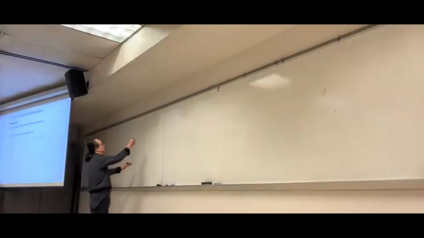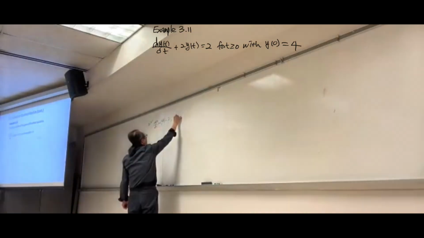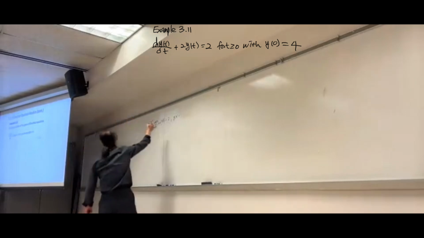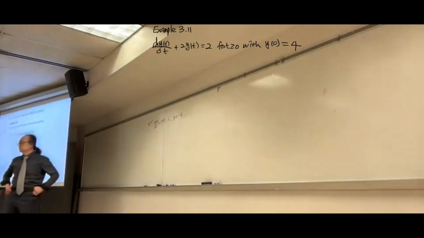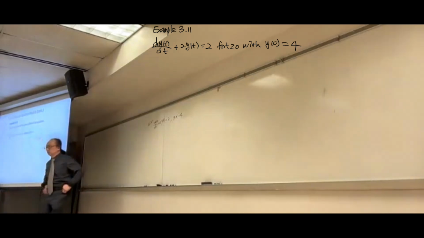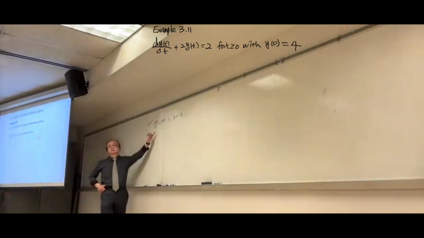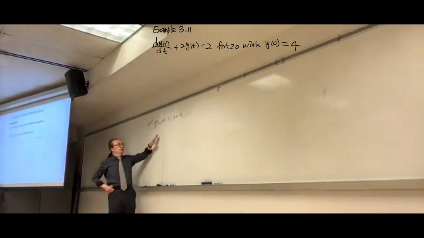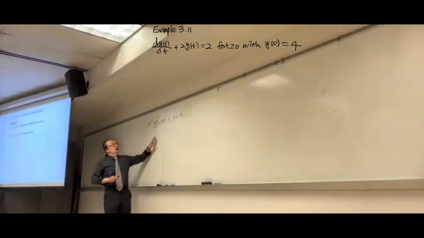Example 3.11: we have dy of t over dt plus 2y of t, with y of 0 equals 4. In our A Math 1 class, typically we go to chapter 8 first for the matrices, and then we get into chapter 2, first order differential equations, and then chapter 3, higher order differential equations.